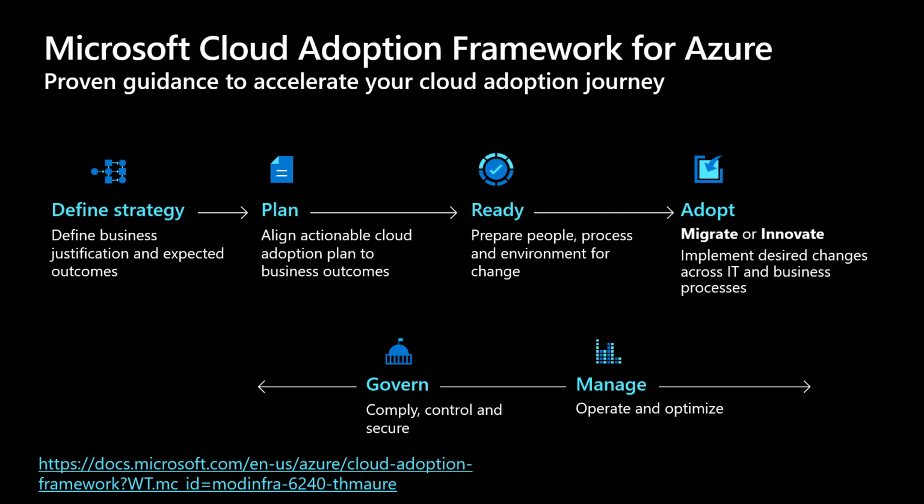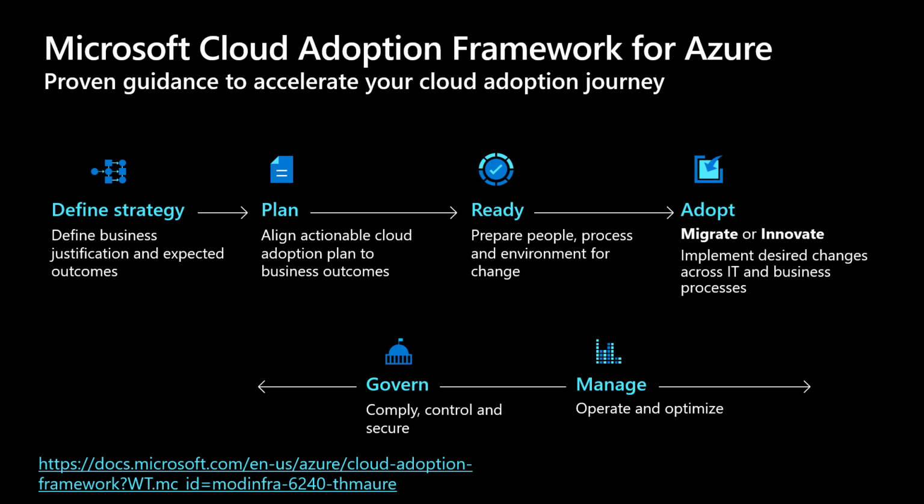And what you can see here, we try to offer it for many different stages where you are, right? So some companies are probably further in their cloud adoption journey. Some of them are really at the beginning. So the cloud adoption framework really starts from the very early stage where you go out and define the strategy, then lay out the plan and get the readiness done, and then until you actually go and adopt the environment.